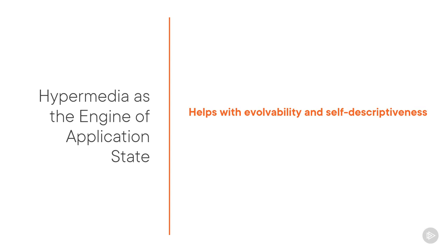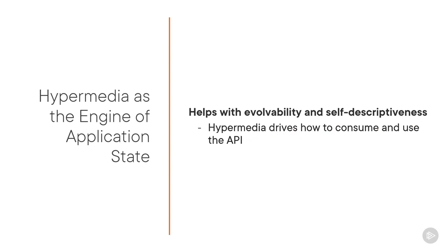In other words, hypermedia, like links, drives how to consume and use the API. It tells the consumer how it can interact with it. Can I delete this resource? Can I update it? How can I create it? How can I access the next page of data? And so on. But what problem does it solve exactly?